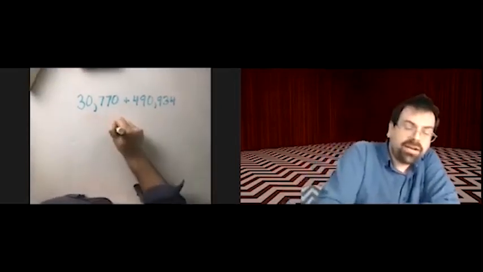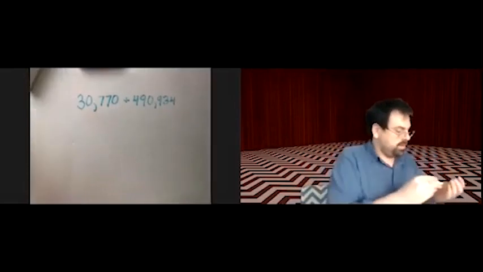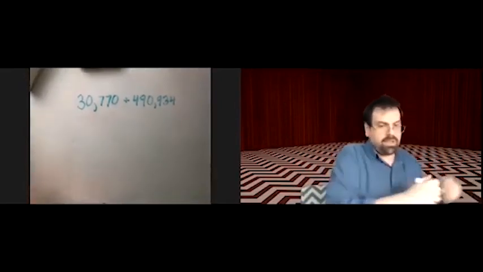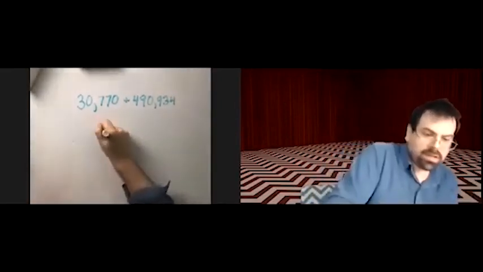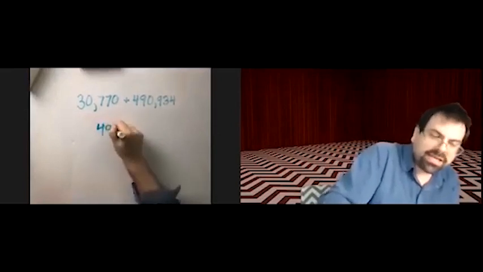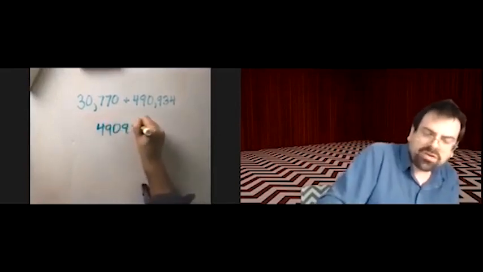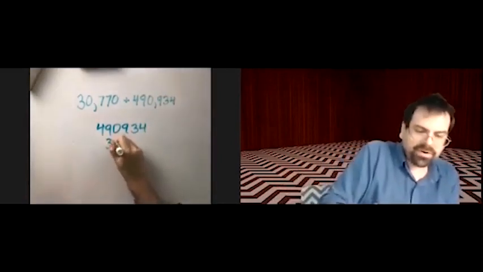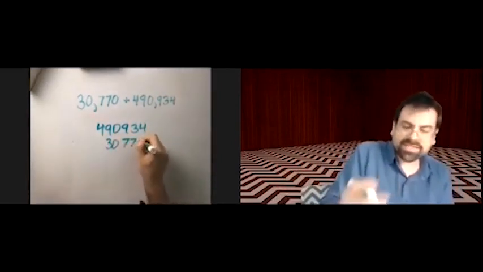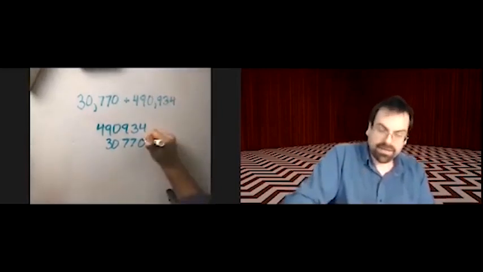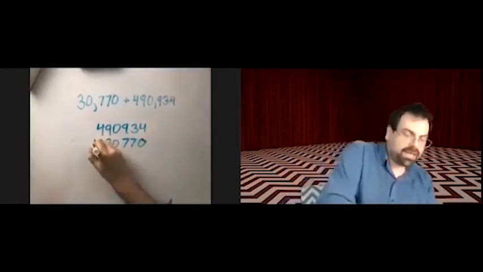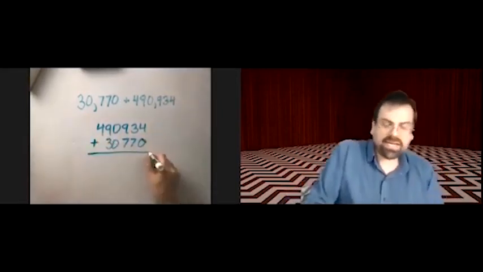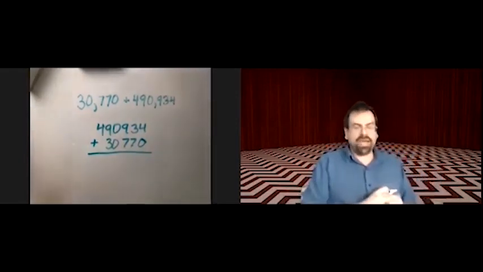And if you want to write the 490,934 first and the 30,770 second, so that it looks more appealing and you can put the plus sign in, it's nice and compact.